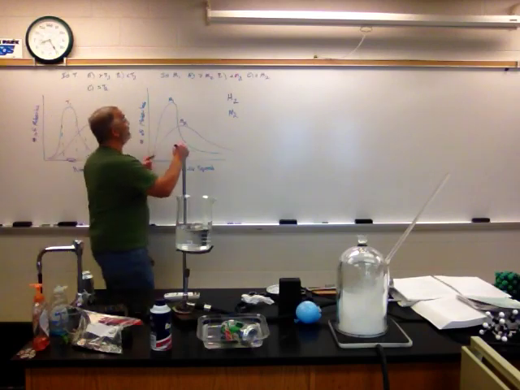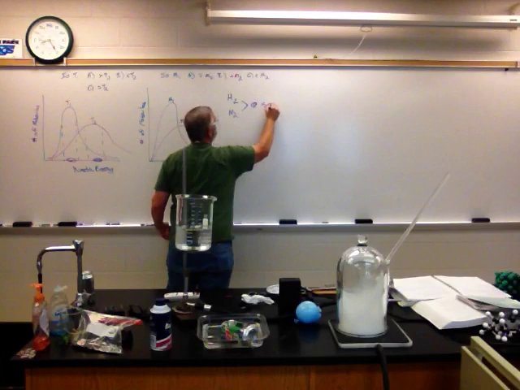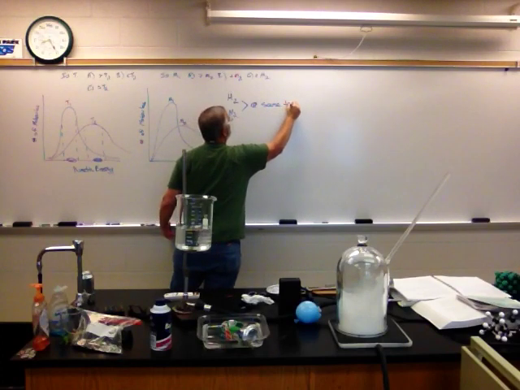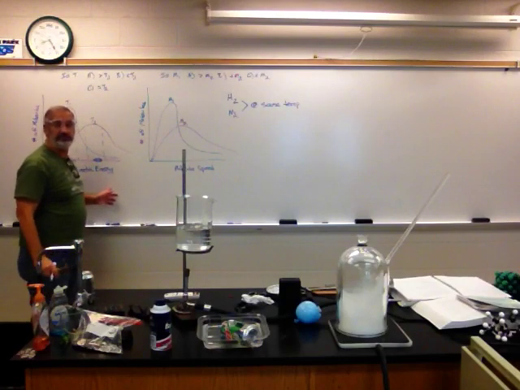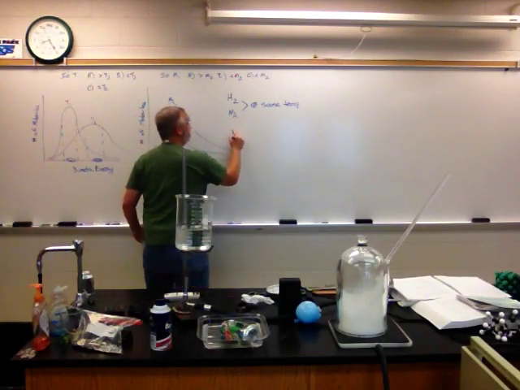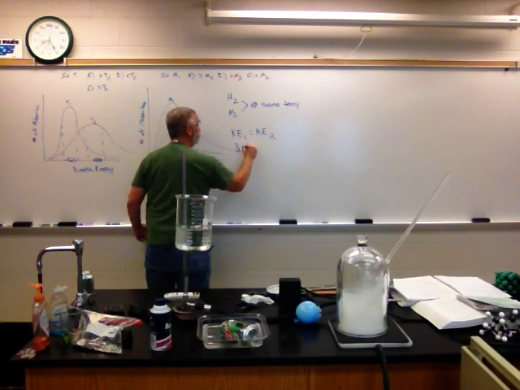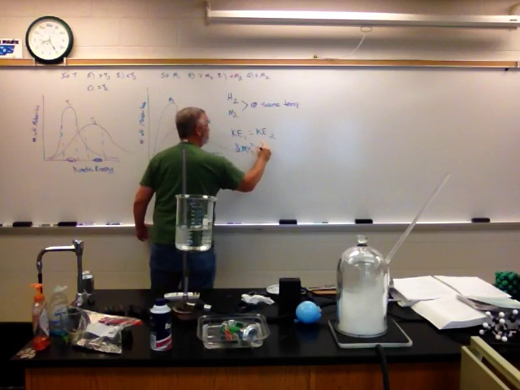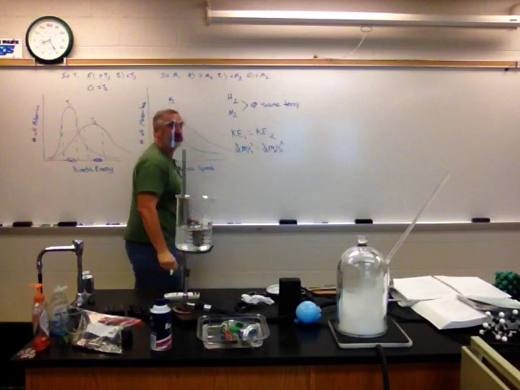These are at the same temperature. That's the most important thing we have to say. We assume they're at the same temperature, which means their average kinetic energy is going to be the same. So the kinetic energy of 1 is going to equal the kinetic energy of 2, which means that 1/2 m1v1 squared is going to equal 1/2 m2v2 squared.